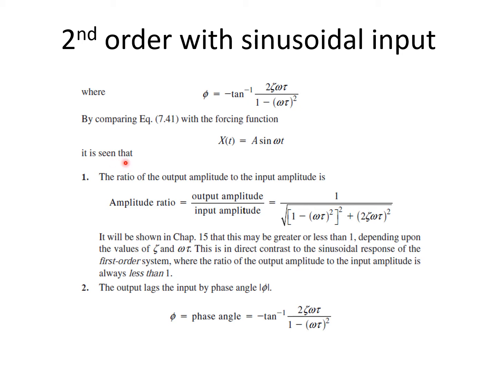So basically, when we want to get the frequency response, we substitute s equals j omega, which is also the same as getting the output of a sinusoidal input going into a second order system. The output is given in terms of the amplitude ratio and the phase angle, and that is what is meant by frequency response.